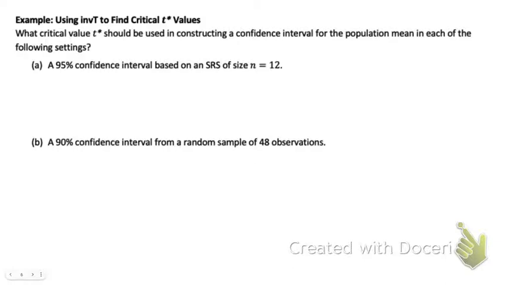I'm still capturing 95%, it's just wider because of the shape of it. So the T star critical value that's going to cut off that middle 95% should be outside of what the Z star critical value would have been.